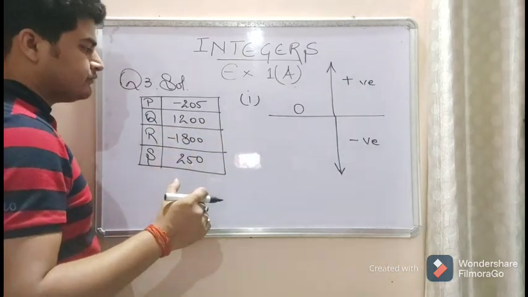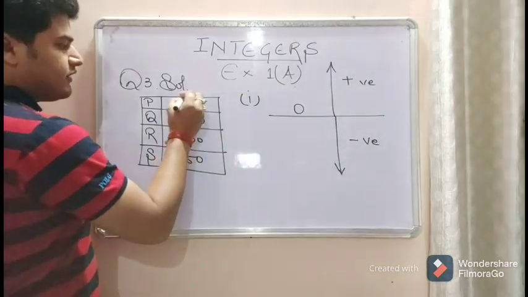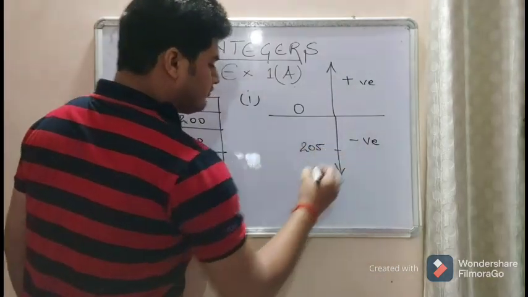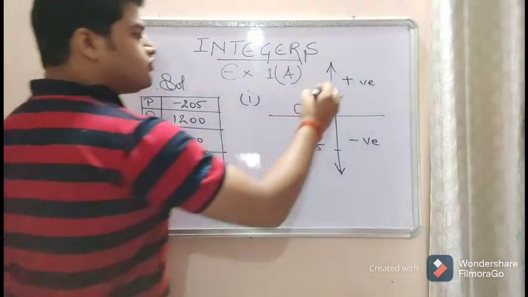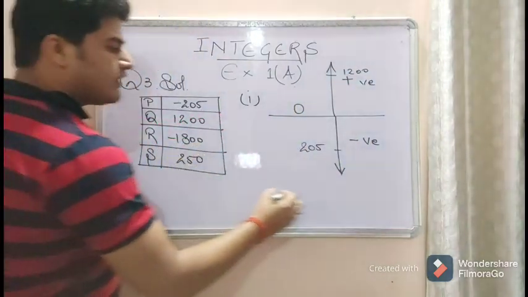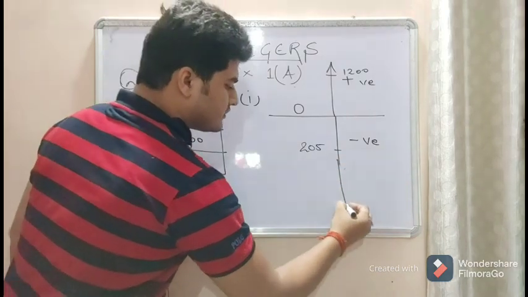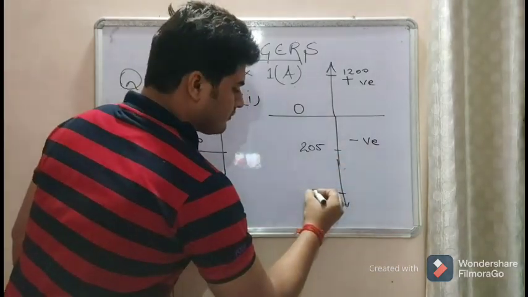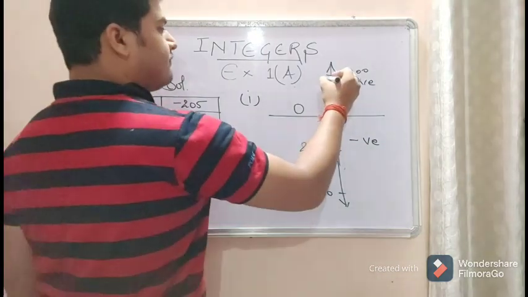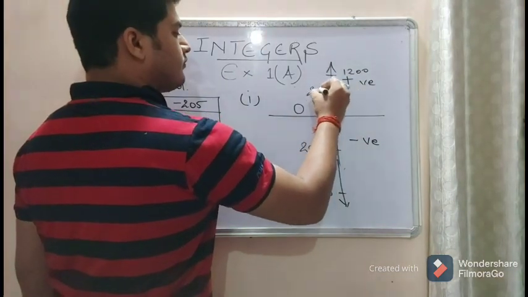Distance is distance. So minus 205 means 205 meters below the sea level. 1200 means 1200 above the sea level. Minus 1800 means 1800 below the sea level.